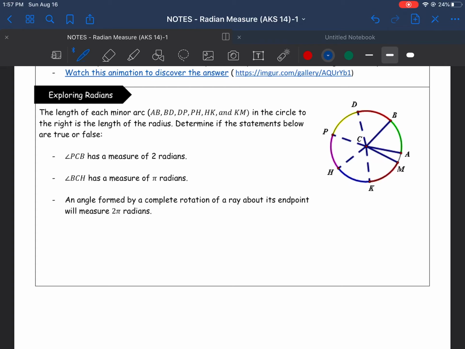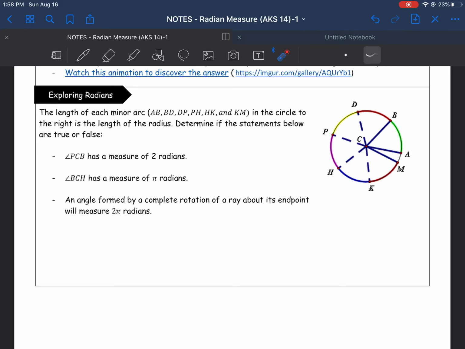So in this example, the length of each minor arc AB, BD, DP, PH, HK, and KM in the circle to the right is the length of the radius. We want to determine if the statements below are true or false. Just to clarify, arc lengths AB, BD, DP, PH, HK, and KM are all the length of the radius of the circle.